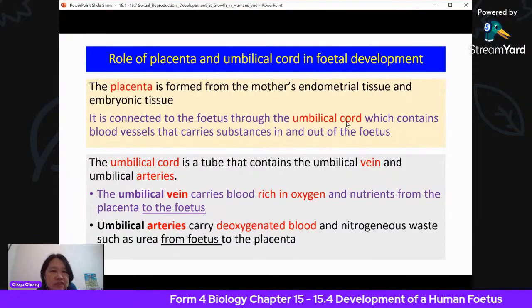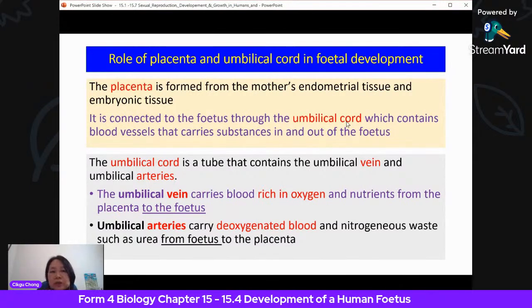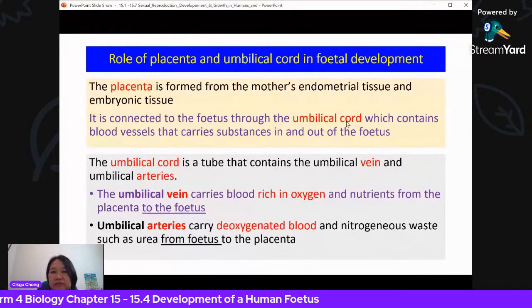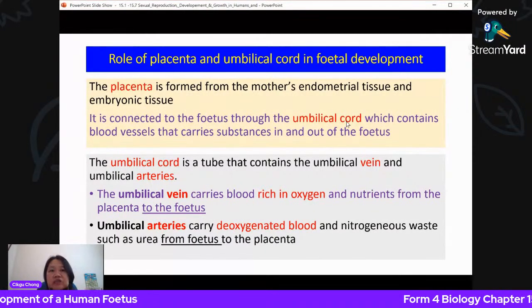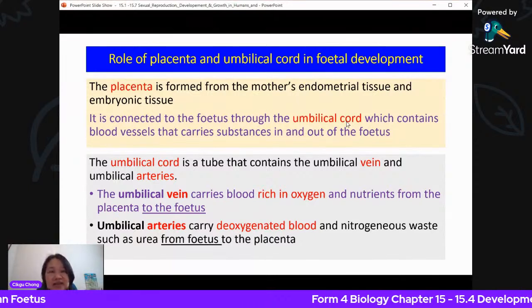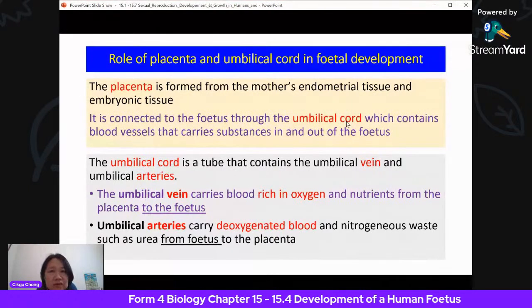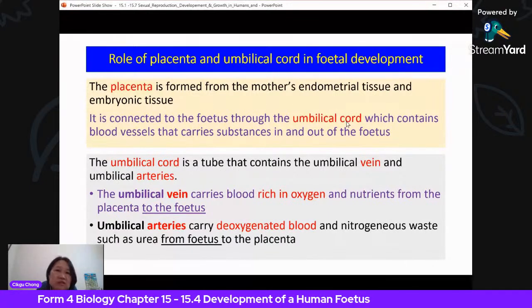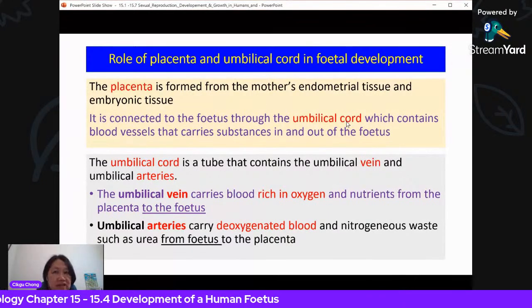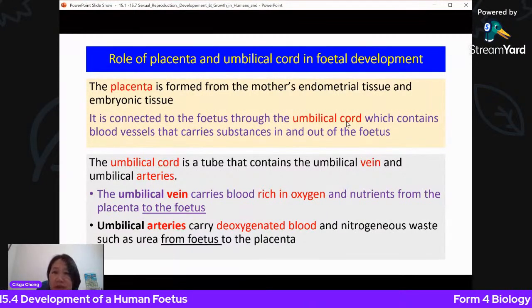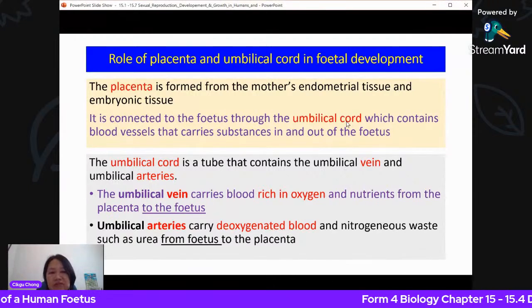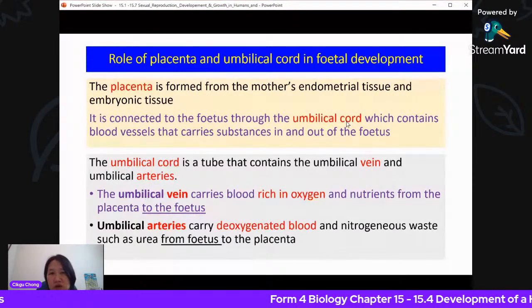So let's come back to this. When you talk about umbilical vein, it is referring to the direction of the flow of the blood into the fetus heart. That's why when it goes into the fetus heart, it should be rich in oxygen, because the oxygen comes from the mother and the mother supplies it to the baby. So this umbilical vein must be rich in oxygen.